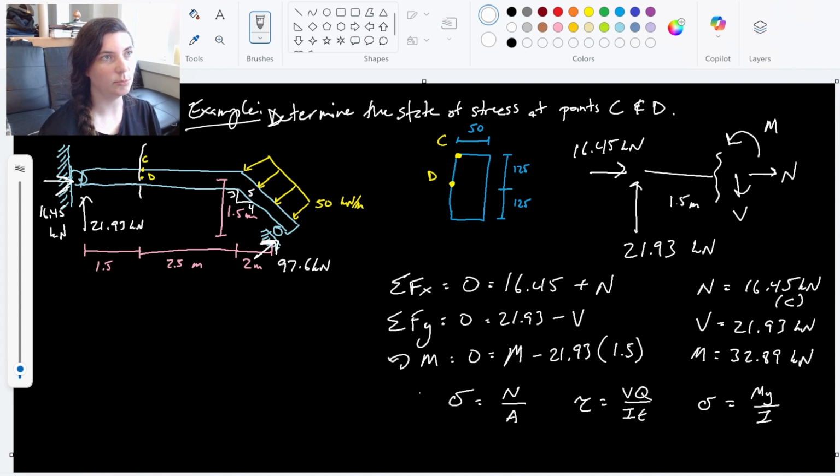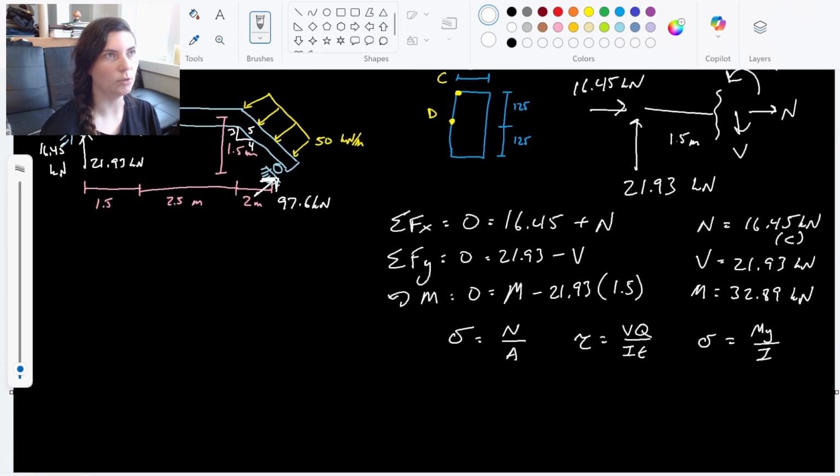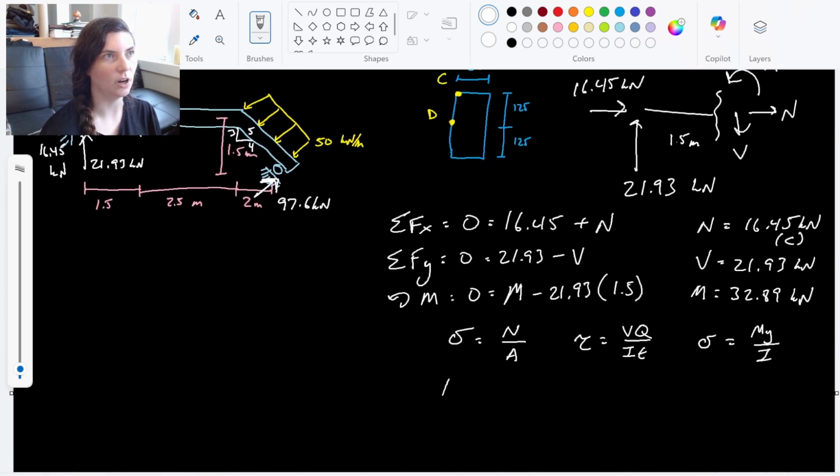So as I'm looking at this, we're looking at these two different points, right? So let's look at what's going on at each of those points. If I look at my normal stress, I'm going to draw the cross section of my beam here. My normal stress is going to be the same, it's in compression.